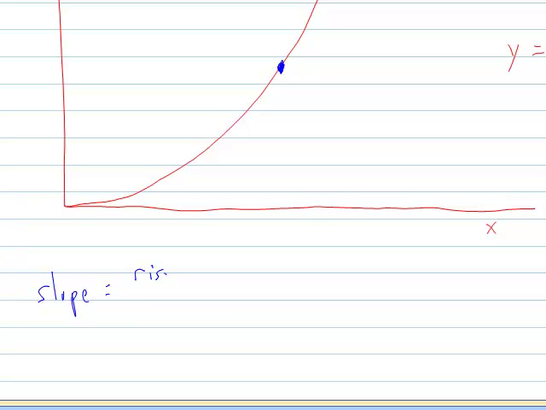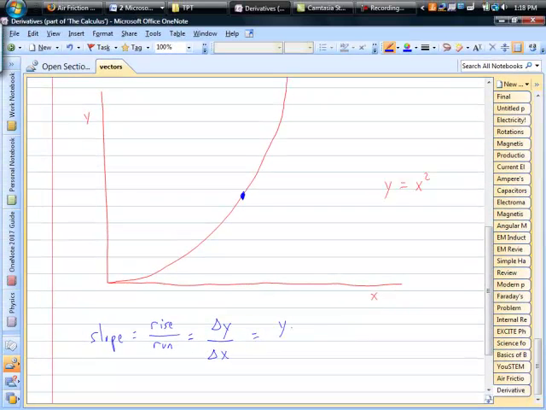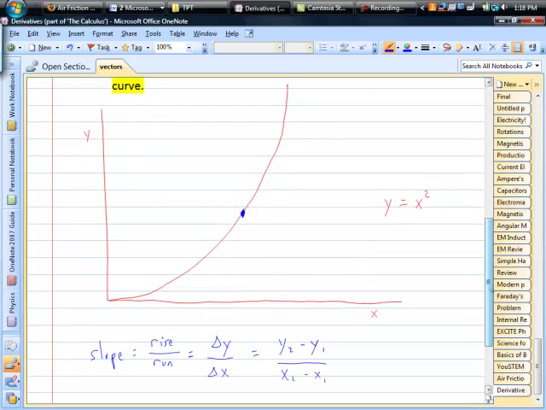A lot of people remember it as the rise over the run, which could also be written as delta y over delta x, or the slope equation that you're probably given in math classes is y2 minus y1 divided by x2 minus x1. Okay? That's it. So, in other words, you need 2 points on a line in order to calculate the slope of that line.